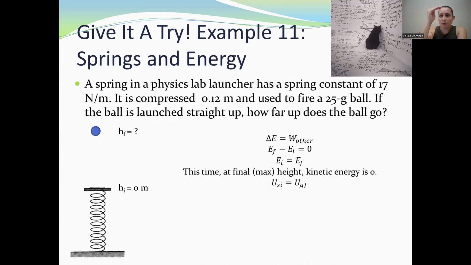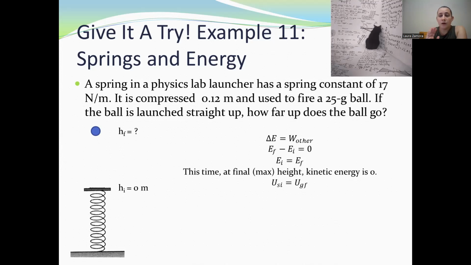Now, initially, remember when we had compressed this spring before we allowed it to launch, kinetic energy was zero there as well because it had not yet started moving. And gravitational potential energy is zero because the ball has not yet left our reference point of the platform. So the only energy that we have initially is that spring energy when it is compressed.